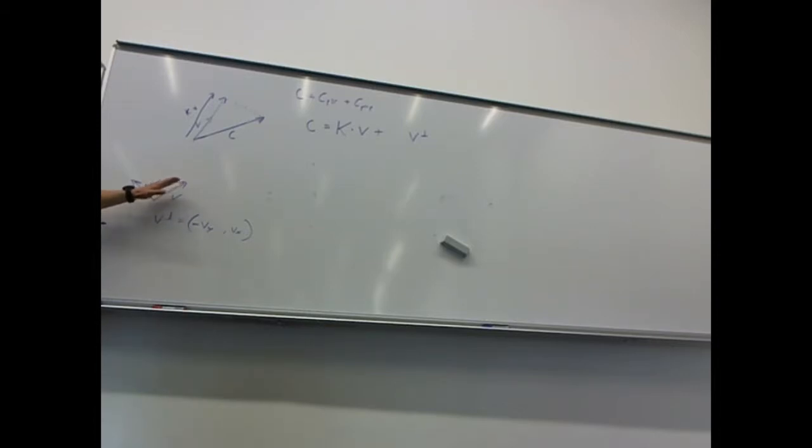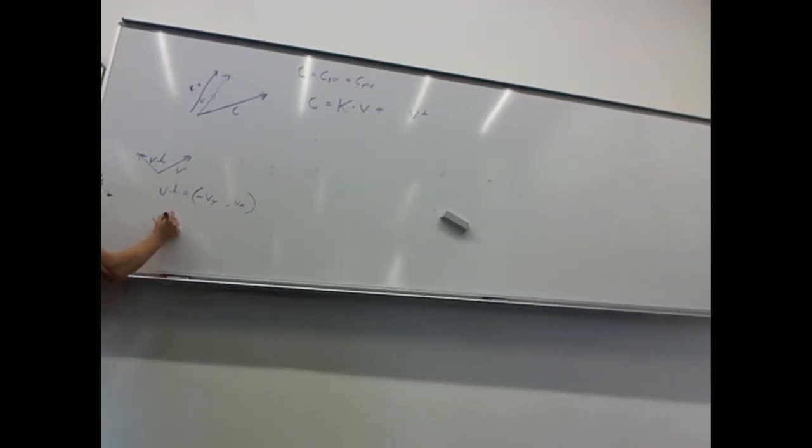And that would be a vector that's perpendicular to v, as if it was rotated 90 degrees counterclockwise, and it has the same length as v. So we can also say that the length of v perp equals the length of v. And that can be important as well. It's just v rotated 90 degrees counterclockwise.